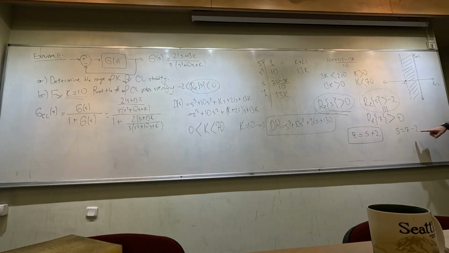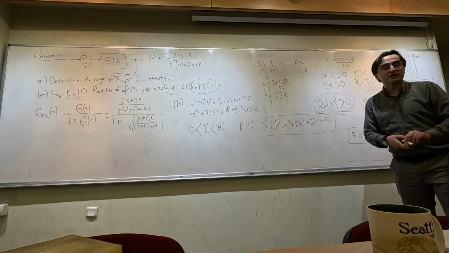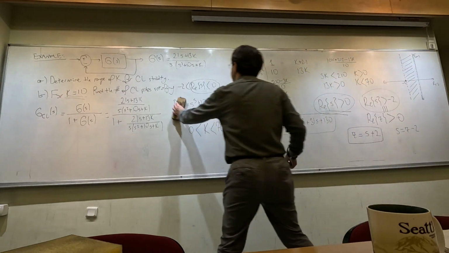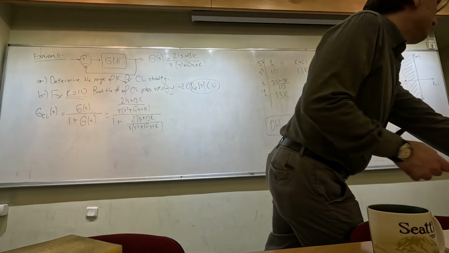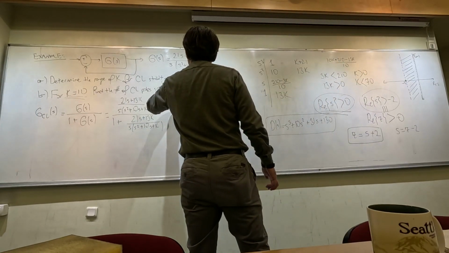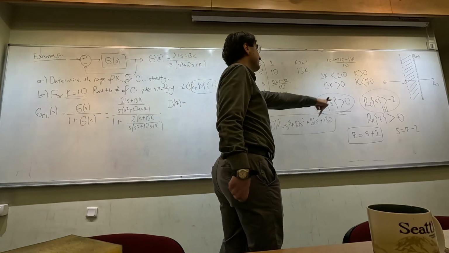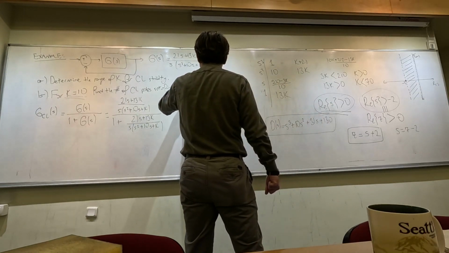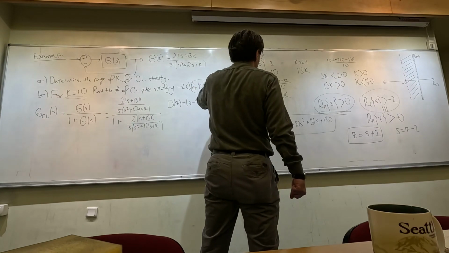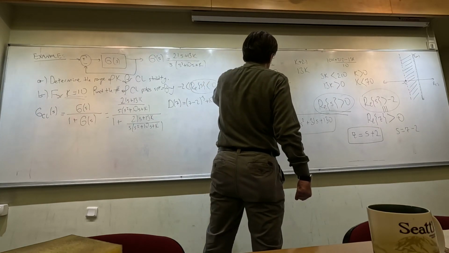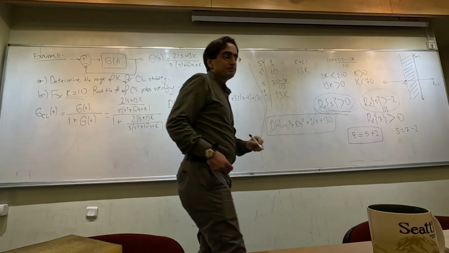That means into this polynomial I can substitute s equals z minus 2. So d(z) is going to be (z minus 2) cubed plus 10 (z minus 2) squared plus 31 (z minus 2) plus 130.